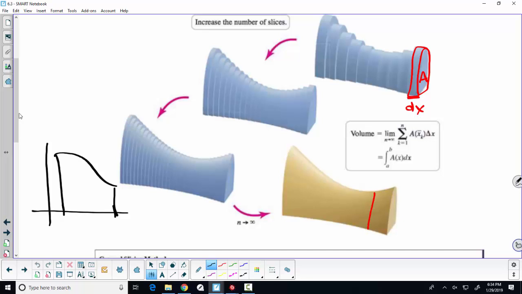Volume is three linear dimensions. Area times another linear dimension gives us volume. So we have here the cross sections. Remember, those things are getting infinitesimally small; we're just over-exaggerating them right now. We find the area times the thickness, dy or dx, and then we sum all of these pieces to give us that volume.